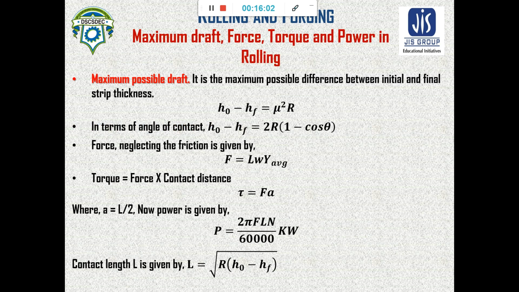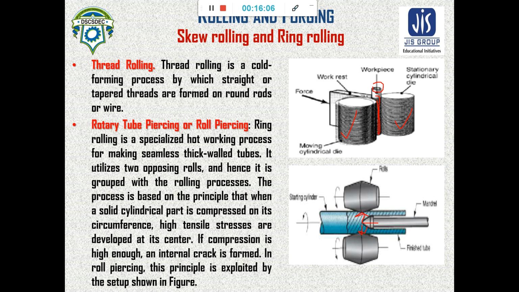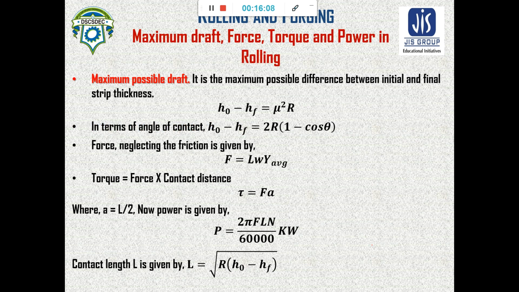Now we will see some of the mathematical terms that are important for our rolling. So first, see how the rolling is done. There is our first roll, and this is our second roll, and this is our material stock.